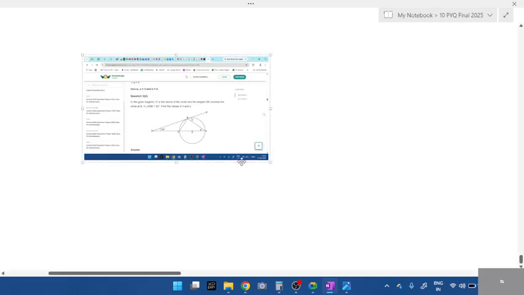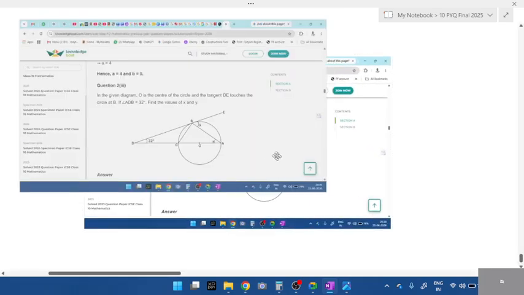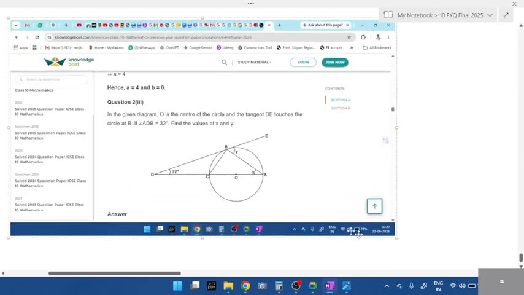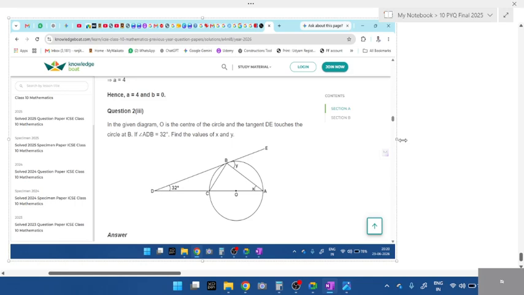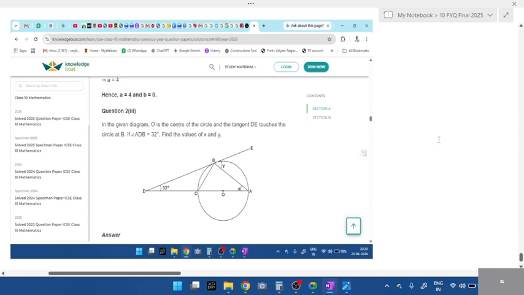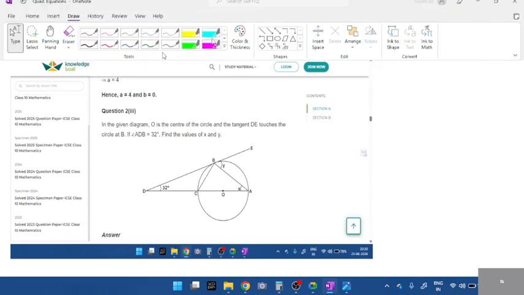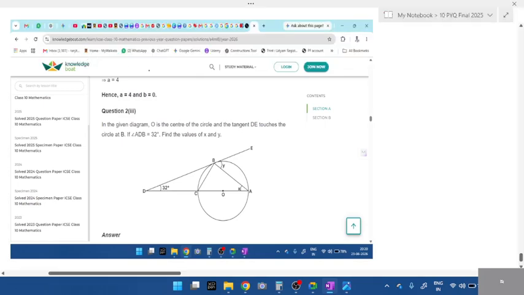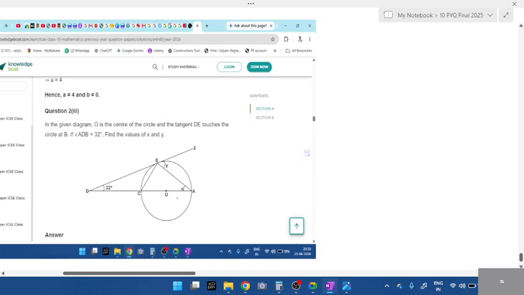See, you'll get an equation, students. This is based on an equation question. The tricky part here is X and Y are given, angles are not given here.